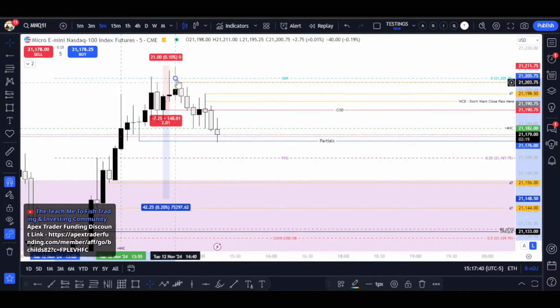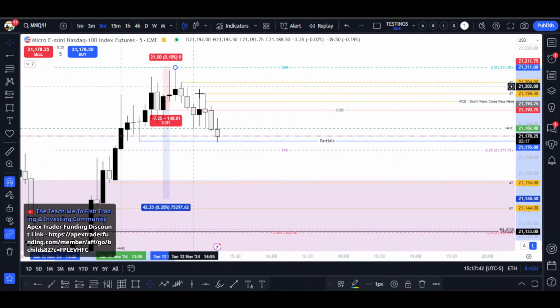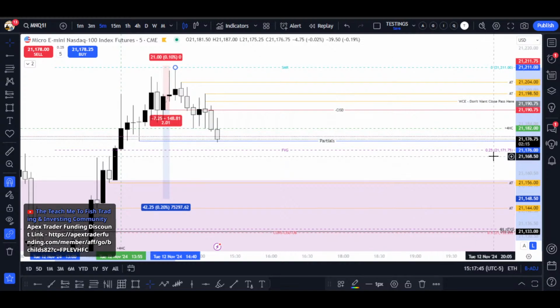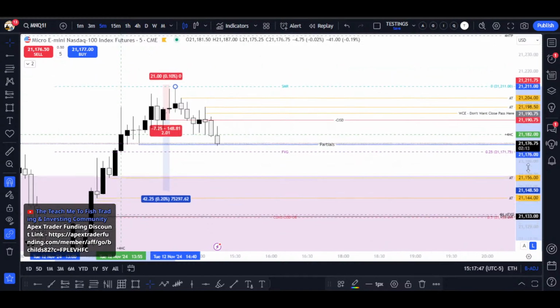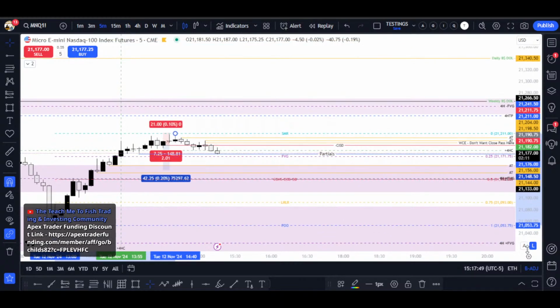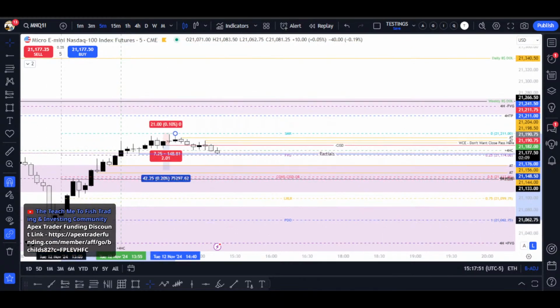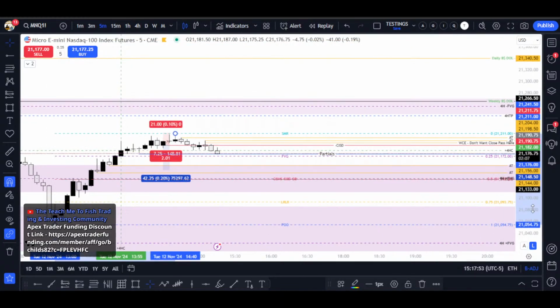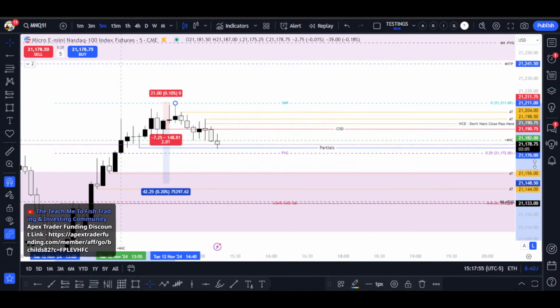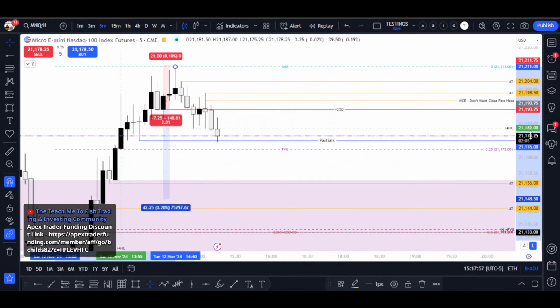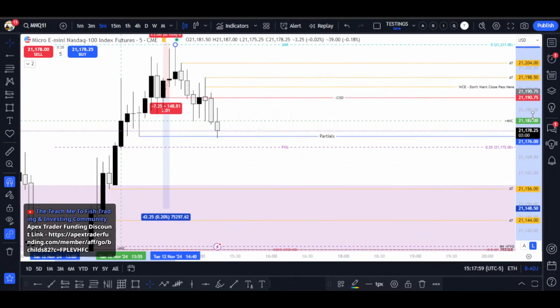Oh, I did that. I'm sorry. So fair value gap around 21,171.75. Let's make sure this anchored correctly. So let's see if we get a fair value gap around 21,172. I'm sorry, it should be 21,172 flat.